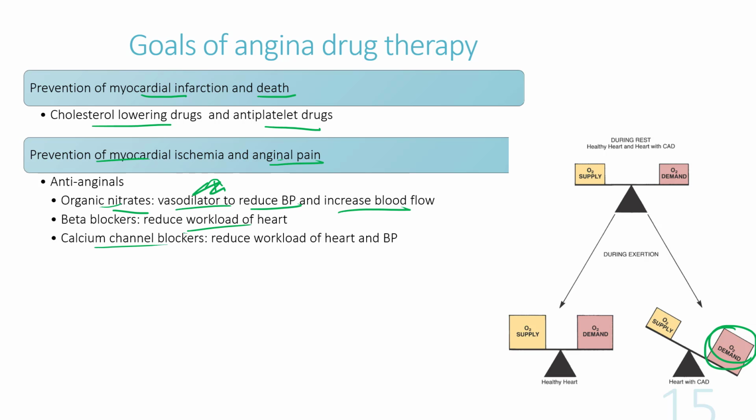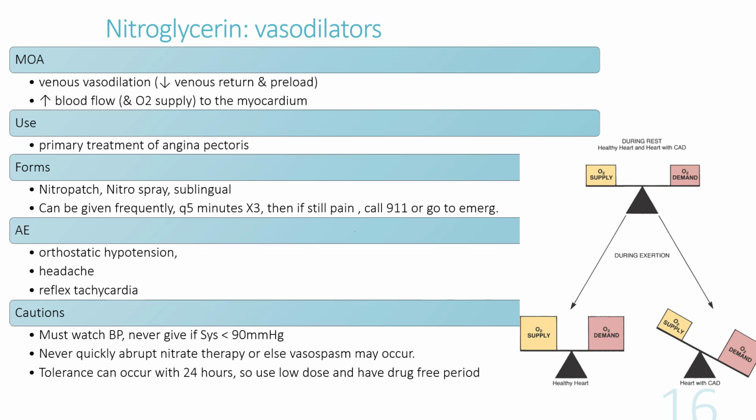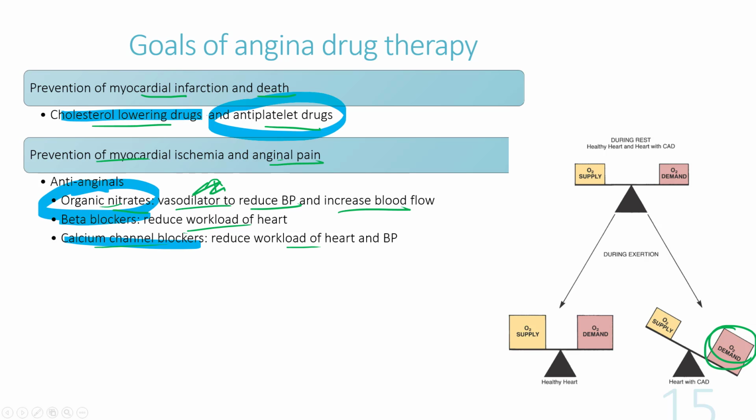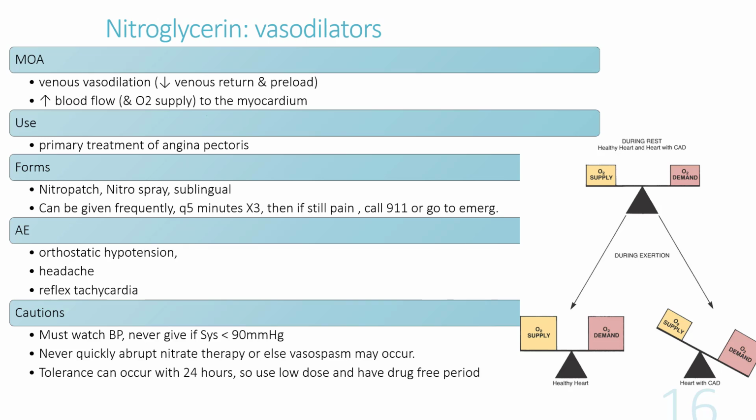And you want to use calcium channel blockers, again to reduce the workload of the heart and also to reduce blood pressure, by causing vasodilation of the arterial blood supply. Out of this list, we've talked about beta blockers, calcium channel blockers, and cholesterol lowering drugs. So we're going to talk about nitrates, followed in the end by antiplatelet drugs and anticoagulants.